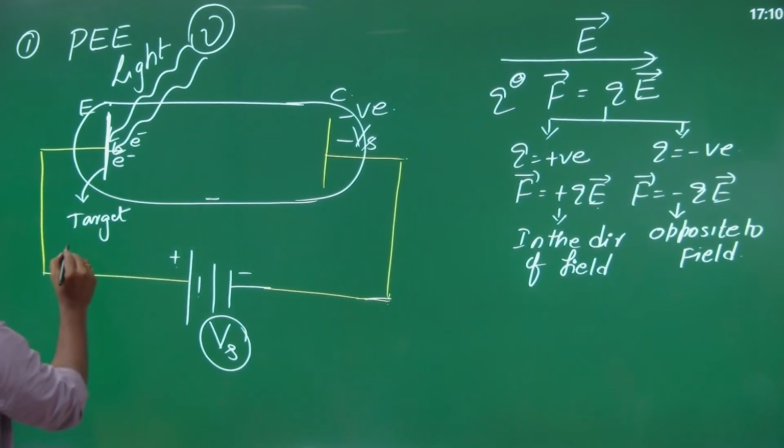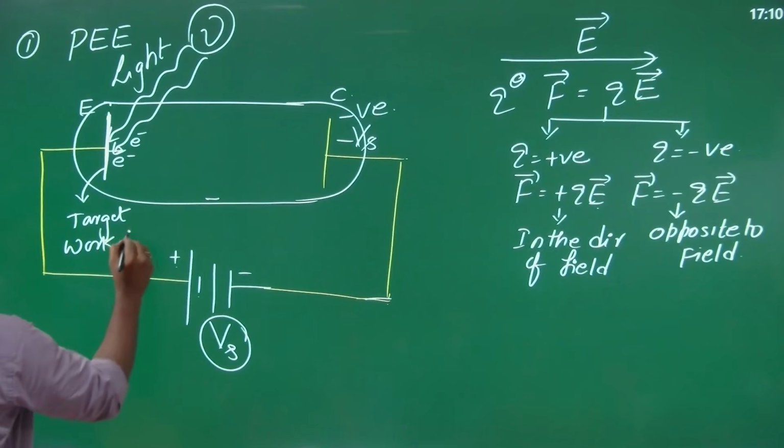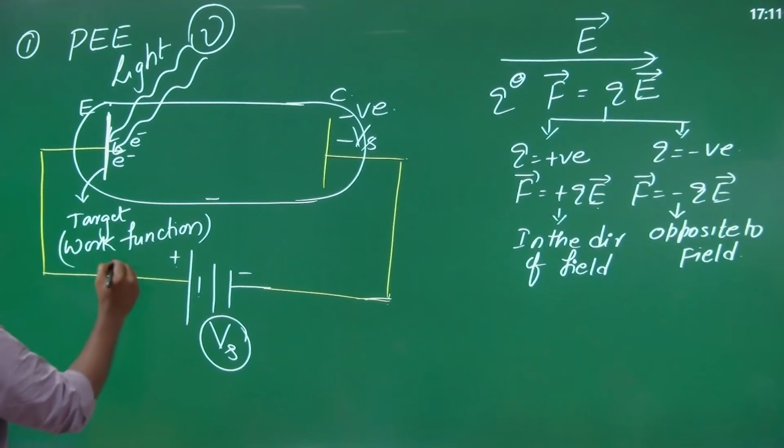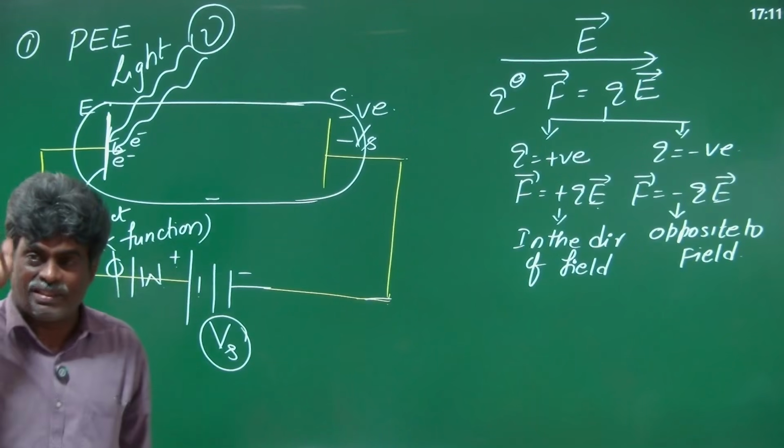So every target has a work function. I am representing work function as phi. Some people represent it as W. I hope now you understand the first point, what is meant by work function. Because the electron is already bound to the metal, if we want to remove the electron, you need to supply a minimum amount of energy.